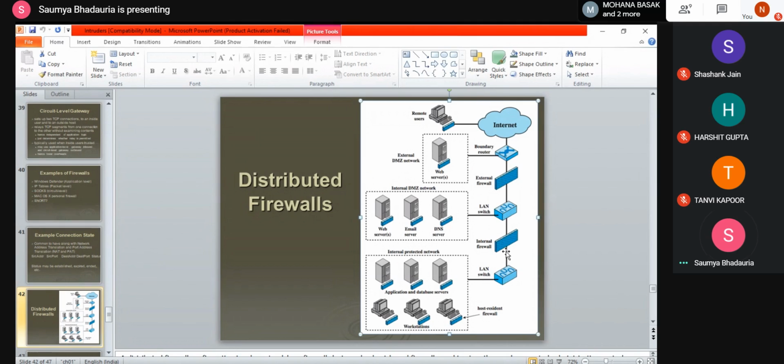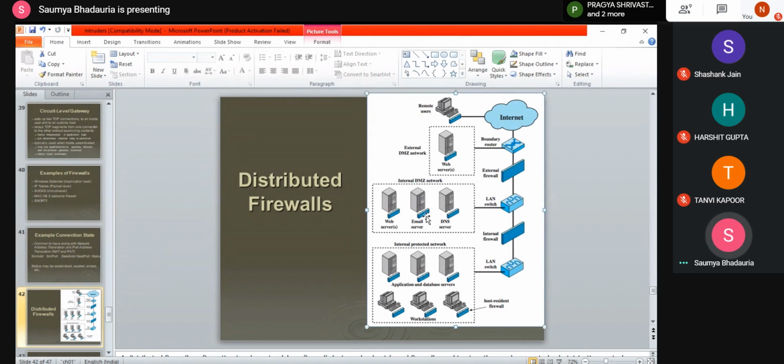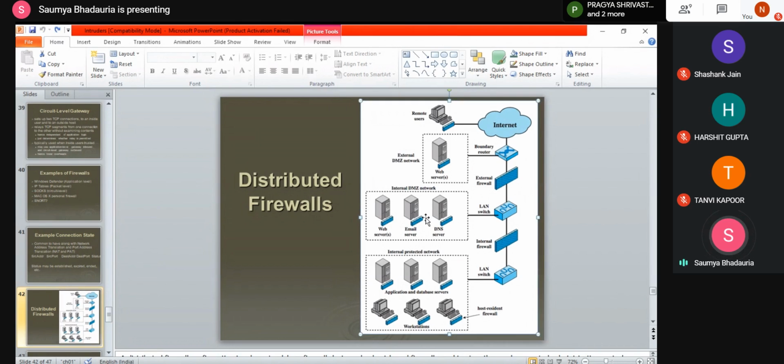First, the internal firewall will protect the remainder of the network from attacks initiated from this set, that is, the DMZ network. DMZ is referred to as a demilitarized zone.